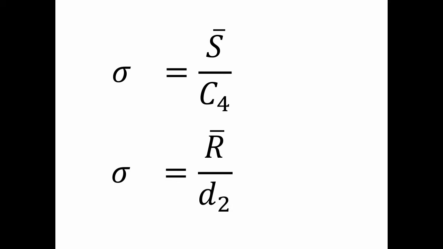R bar, of course, is the average range of the subgroups, and D2 is a factor in the appendix at the back of your textbook. Now, C4 and D2 are both dependent upon the subgroup size, and take note that D2 is a lowercase d. In your appendix, there are actually 2 factor D2s, one being a lowercase and one being an uppercase.